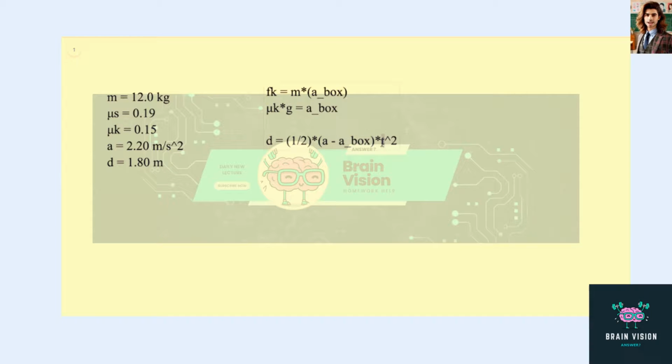And now t is what we're solving for, and we know that d is 1.8 meters. If we rearrange this equation, we can multiply both sides by 2 and then divide by a minus a box, and that's going to be equal to t squared.